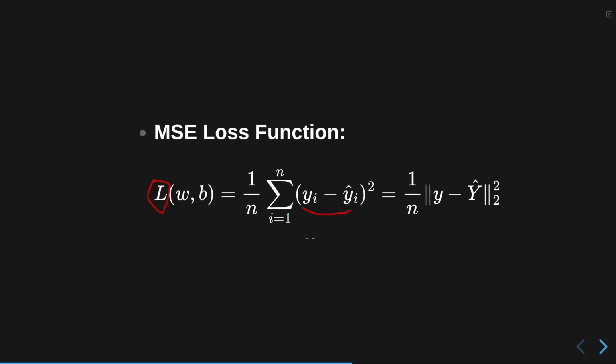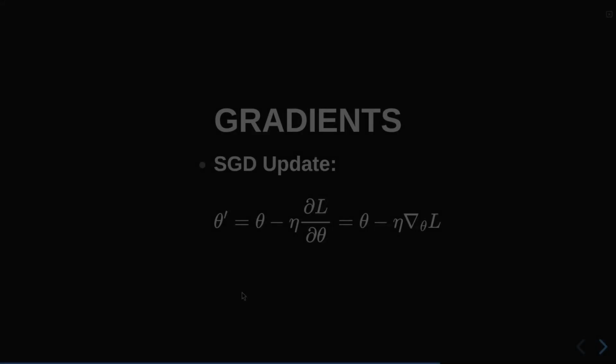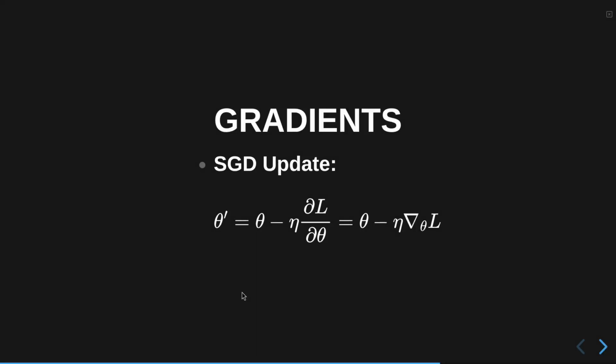And based on this loss, we have this notion of error to know how off we are from the real ground truth. This is where what we call the stochastic gradient descent comes into play. The stochastic gradient descent algorithm is the update rule used to reach the optimal values of our model parameters, and it is defined as this small difference operation.